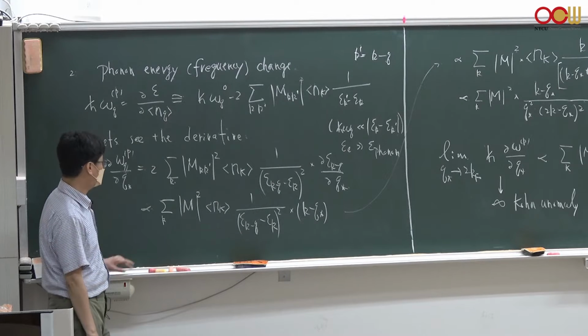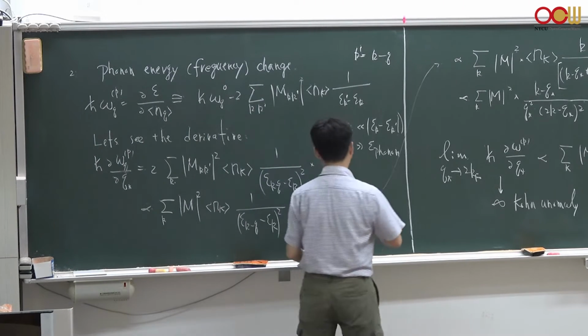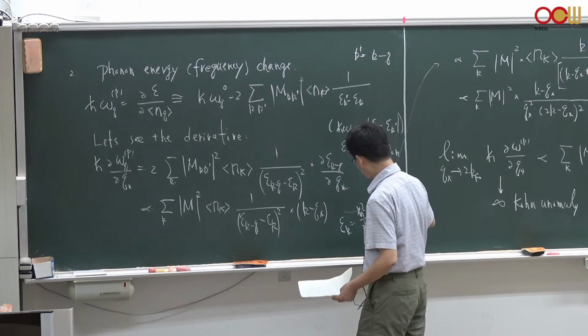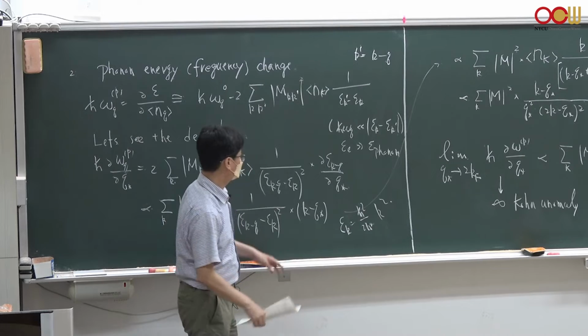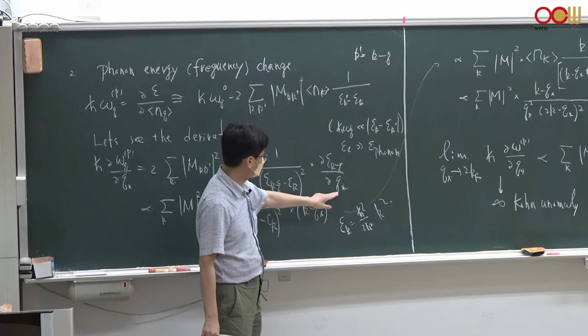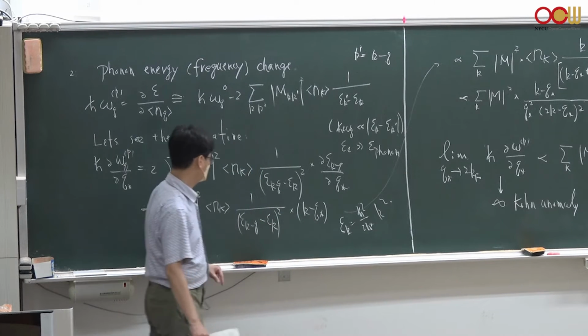Okay, so let's finish this calculation. What is this ε_{k-q}? Well, this is nothing but the single electron excitation energy, right? And you take the derivative of the single electron excitation energy with respect to q at a particular value of q star, and this is what you get.